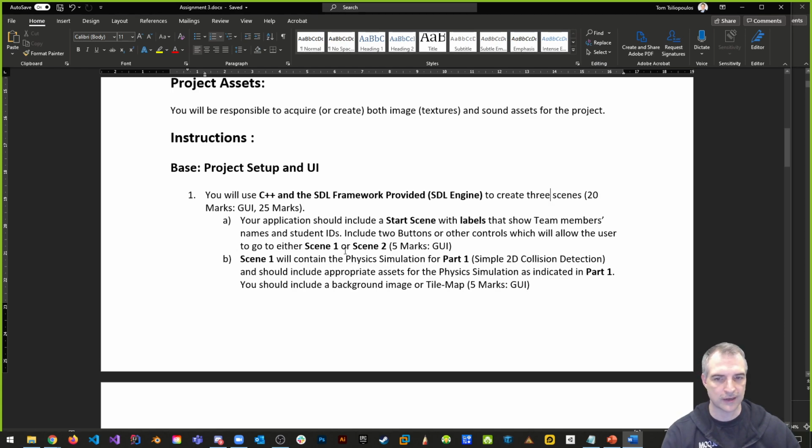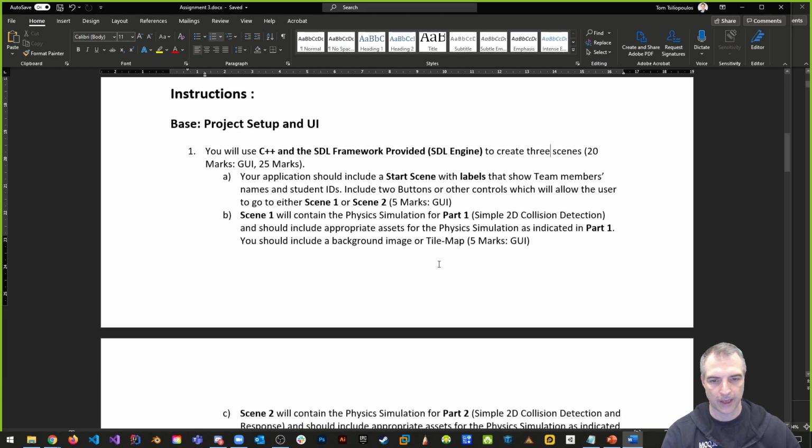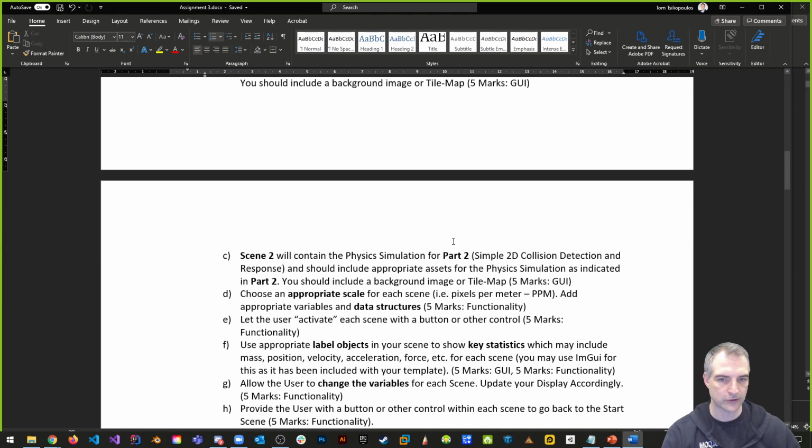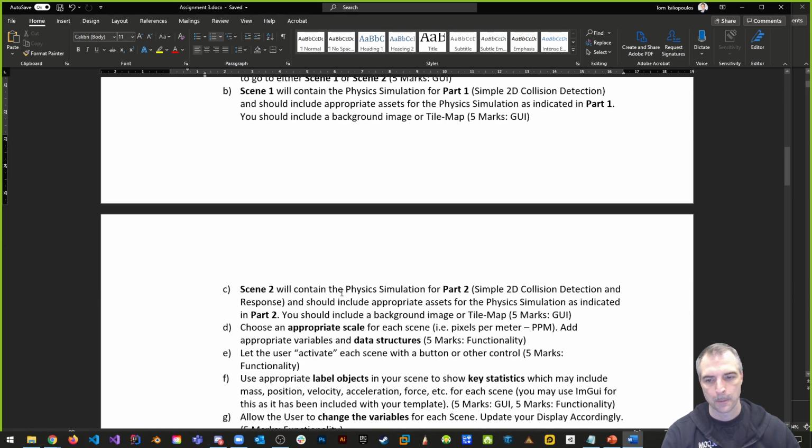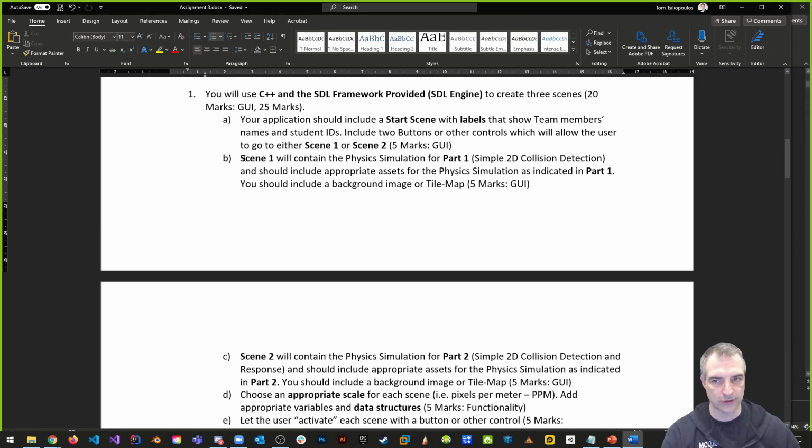Scene 1 will contain the physics simulation for part 1, and scene 2 will have the physics simulation for part 2. All right. So there's 2 different scenes here. Both are going to require background images and or a tile map. So please don't leave the scenes black or white. If you do, you'll lose marks. Okay. So a good strategy to do here, because there are 2 separate scenes, is that each member can do their own scene.